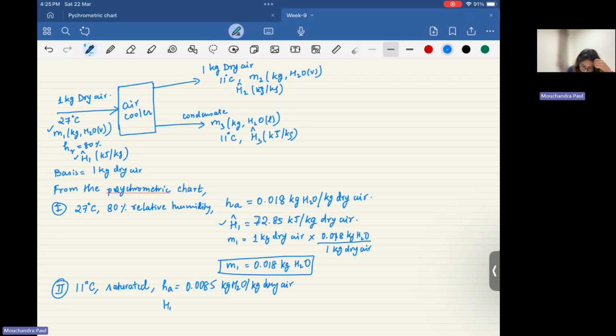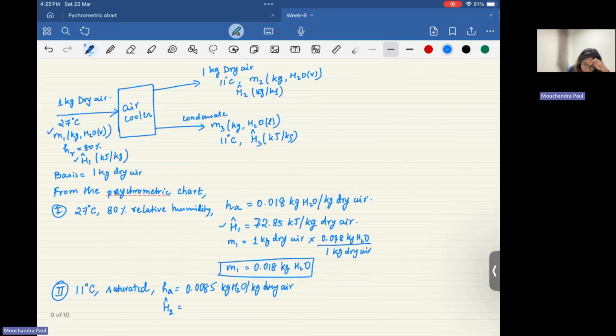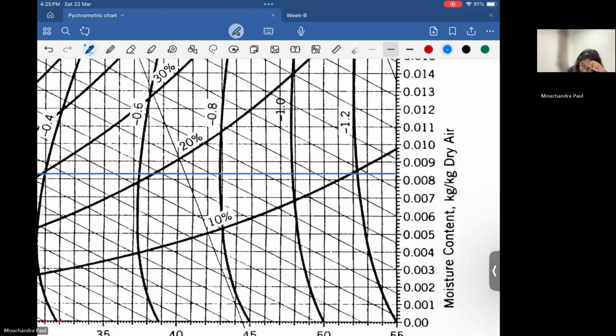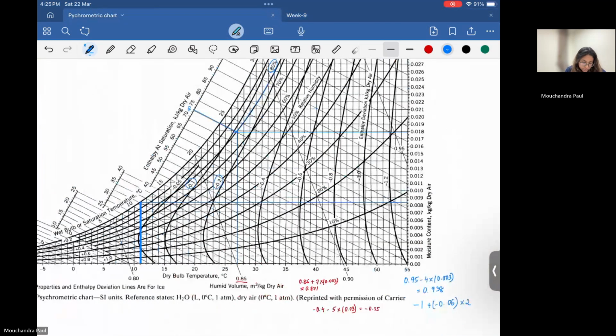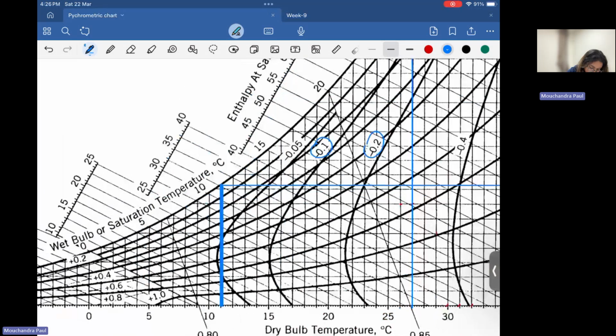What is H1? Sorry, H2. H2 is at this condition, this is the point.